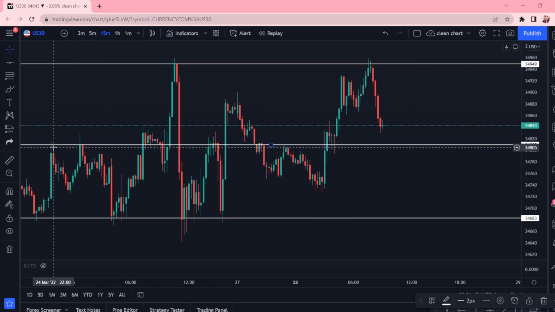We have wicks here, a bunch of candles that support here, some resistance here, some more resistance here, and a break of it here, a little bit of a support zone forming. I like the way this looks, and that's where I would put what I would call a mid zone or a minor area.